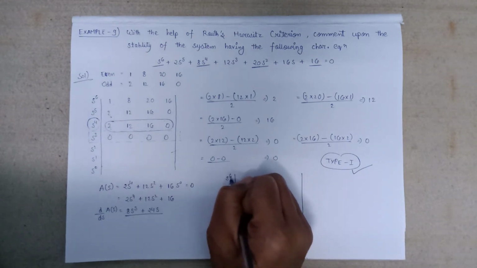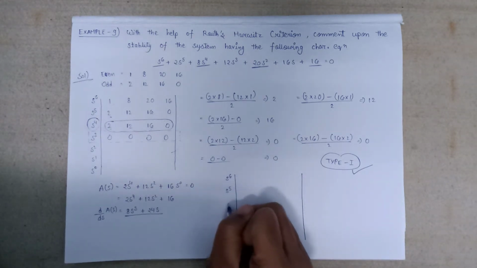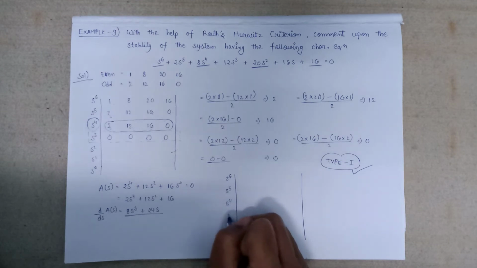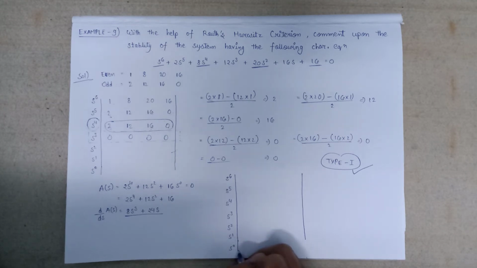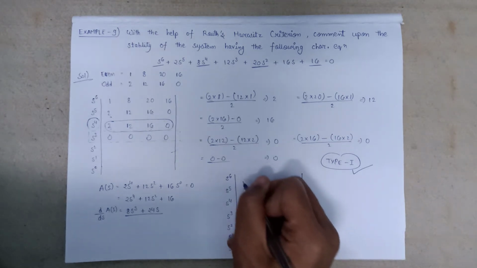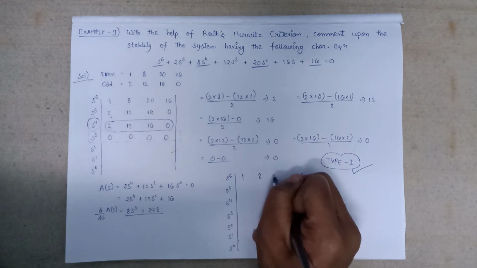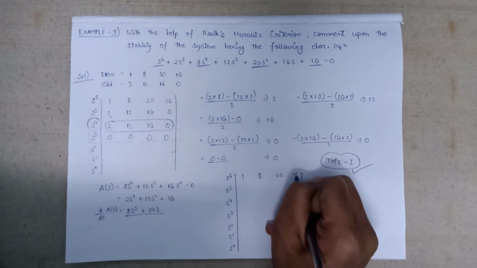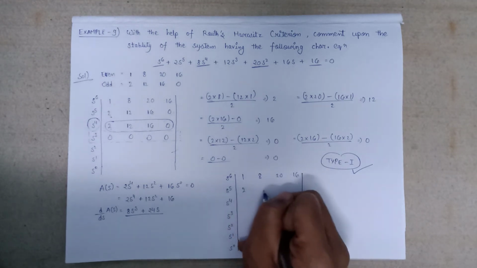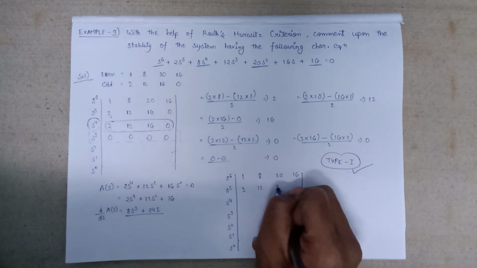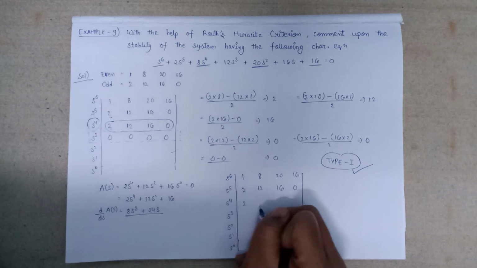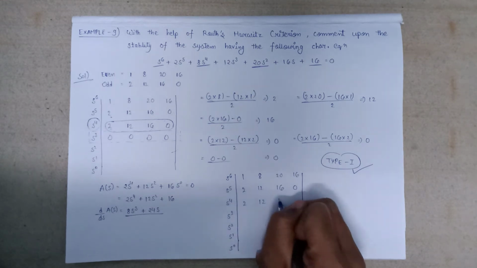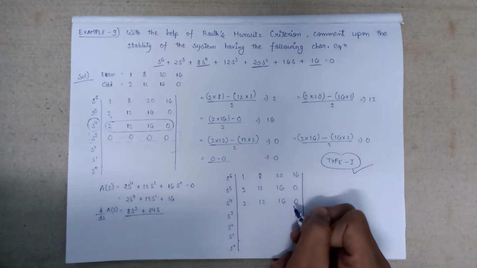s to the power 6, s to the power 5, s to the power 4, s to the power 3, s to the power 2, s to the power 1, s to the power 0. 1, 8, 20, 16, 2, 12, 16 and 0. Then 2, 12, 16 and 0.